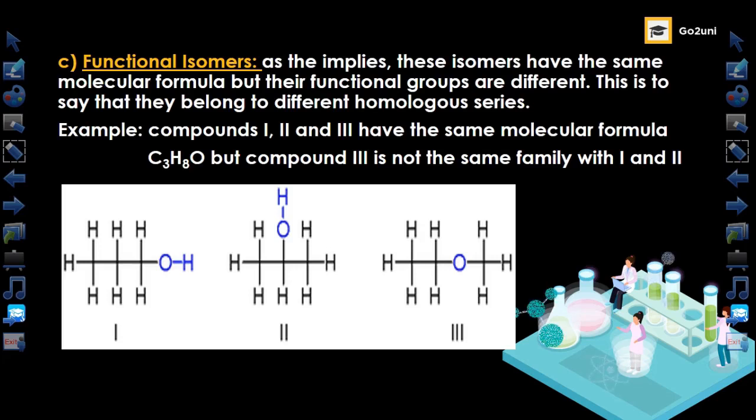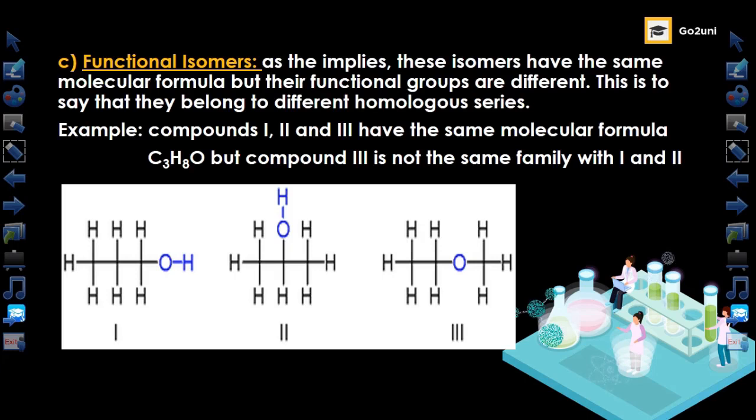So when two compounds have the same molecular formula, for example, let's say C10H20O5, two compounds A and B have molecular formula C10H20O5. If compound A belongs to aldehyde, while compound B belongs to esters, for example, then they are said to be functional isomers because they belong to different homologous series, have different functional groups, but what they only share in common is molecular formula.